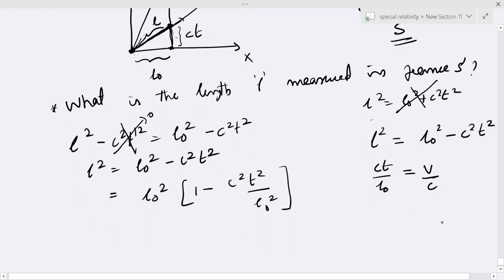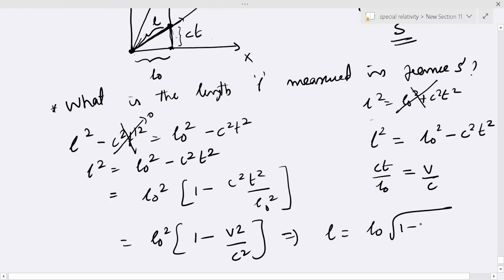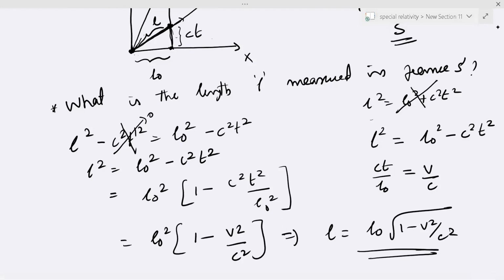So using that idea, this is L0 square times 1 minus V square by C square. This means that L is equal to L0 times the square root of 1 minus V square by C square. We got the familiar equation for length contraction.